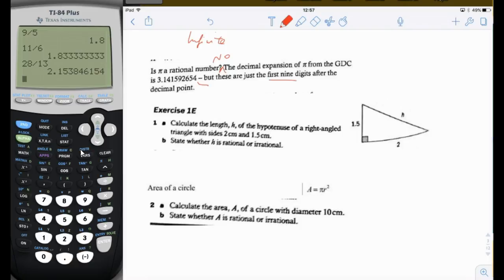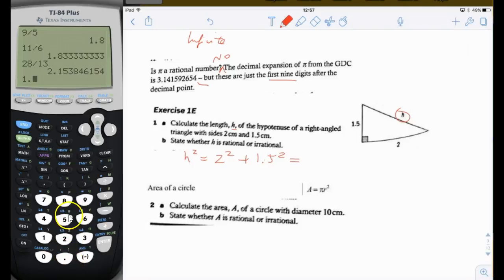Calculate the length h of the hypotenuse of a right-angled triangle with sides 2 and 1.5. Okay, remember Pythagorean's theorem. So to get h, h squared is equal to each of the 2 legs squared. So 2 squared, 1.5 squared.